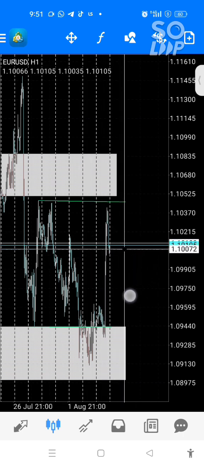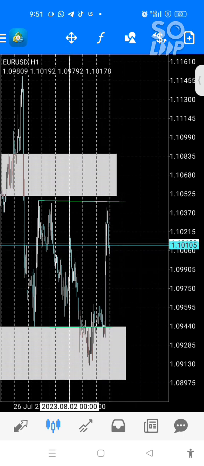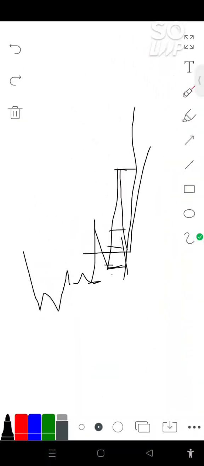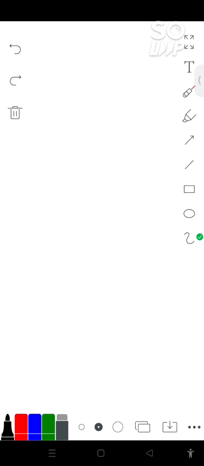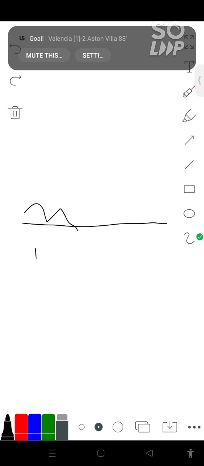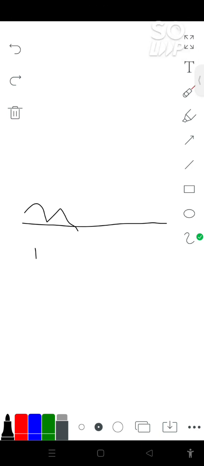Let me tell you why time is more important than price. Let's assume this is a price level, right? And we have something like this, the market moving like this. Then let's say Michael bought this market somewhere around here.